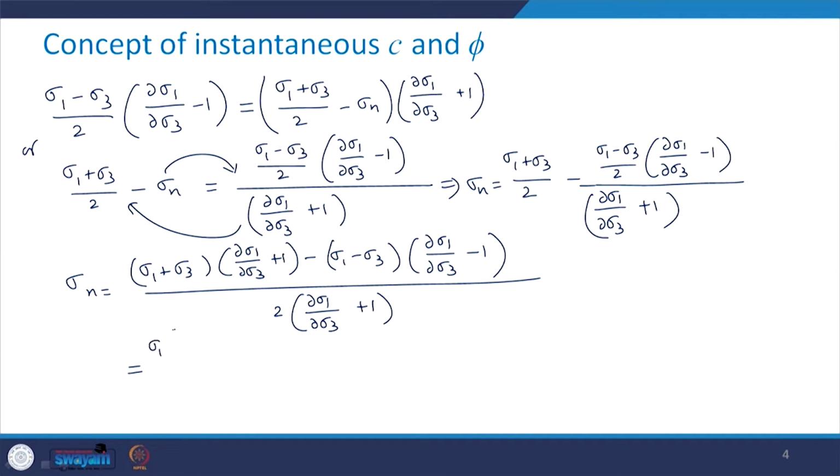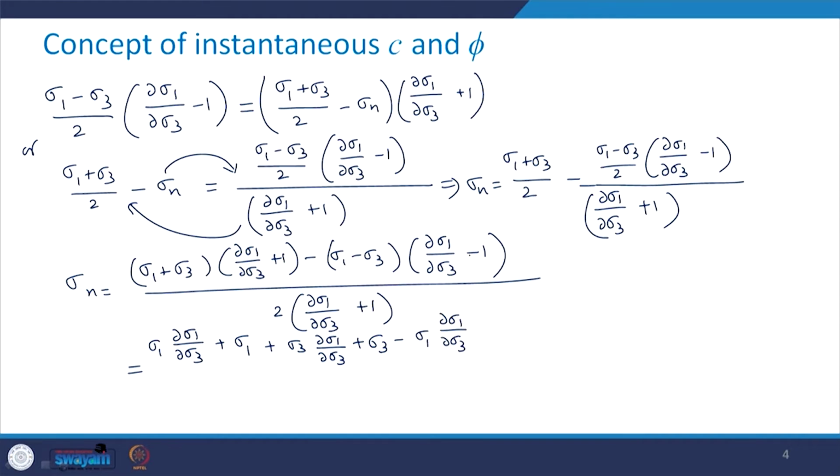So sigma 1 del sigma 1 del sigma 3 plus sigma 1, plus sigma 3 del sigma 1 del sigma 3 plus sigma 3, minus sigma 1 del sigma 1 del sigma 3.